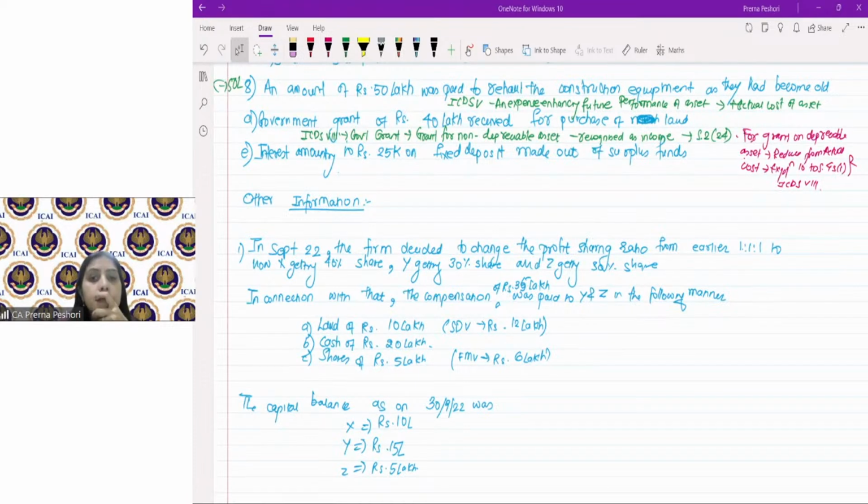Surplus funds are deposited, what will happen in this particular case?